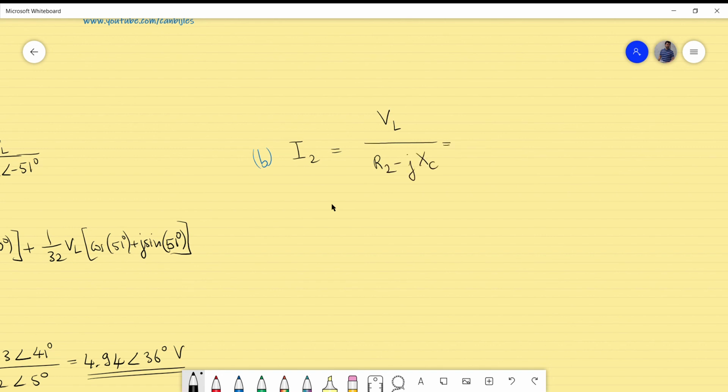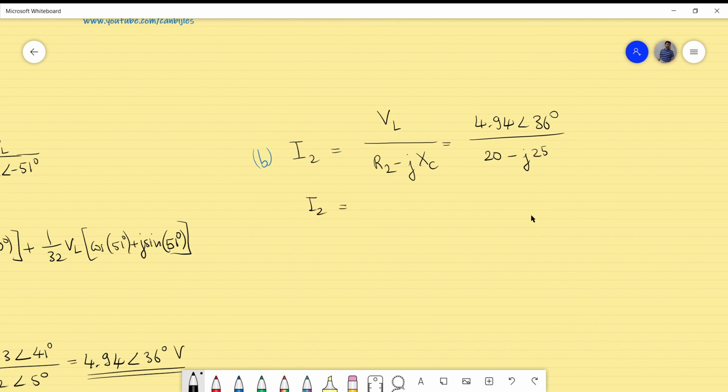If I substitute the values, VL was 4.94 with a phase of 36 degrees, R2 was given as 20, and minus jXC we have calculated as 25. If you convert this part also to the polar expression, you can do the division more easily.